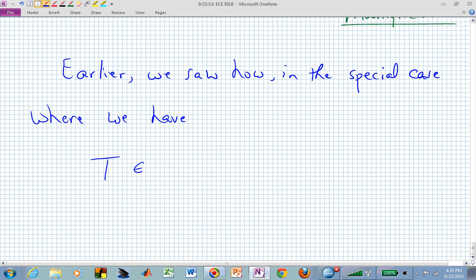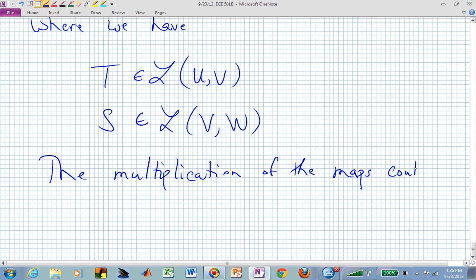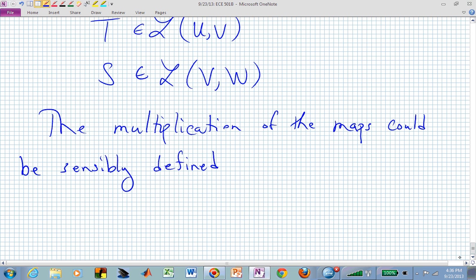We have this linear map T associated with the linear maps between U and V, and a second linear map S that maps between the vector space V and W. Then the multiplication of the maps could be sensibly defined by ST operating on v was the same thing as S operating on Tv.